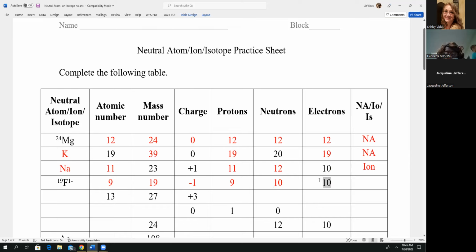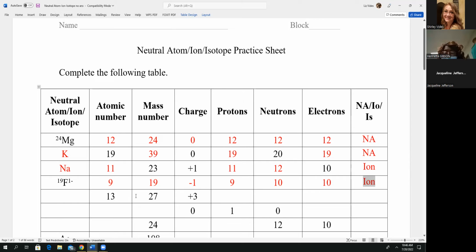So this is our number of electrons now. If our 19 is the normal number for fluorine, which it is, then this is just an ion. We know it's an ion because we have a charge. That means our number of electrons and protons are different. See how they are? Protons 9, electrons 10. They're different from each other. So that means we have an ion.